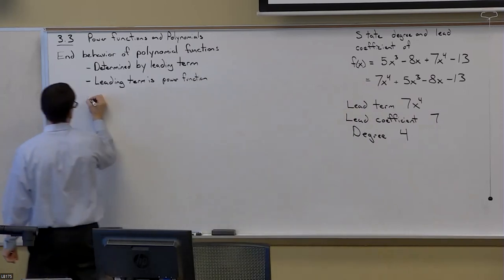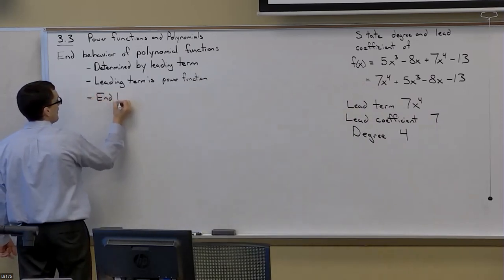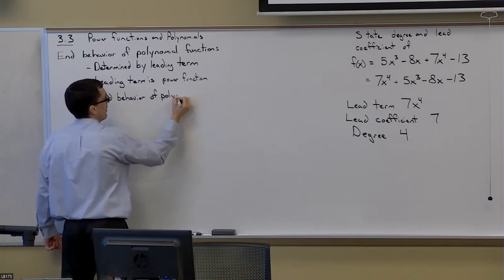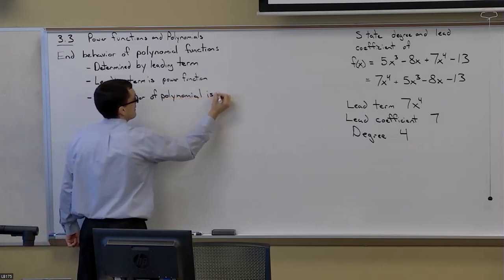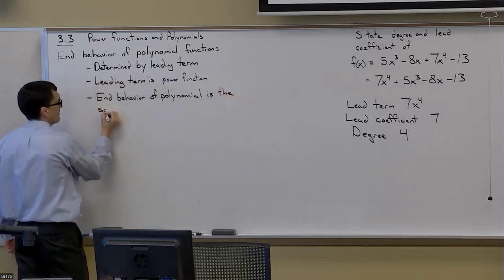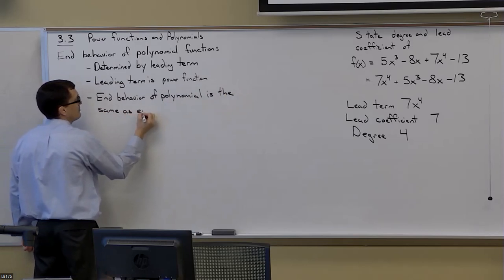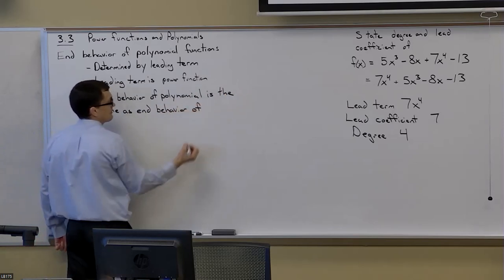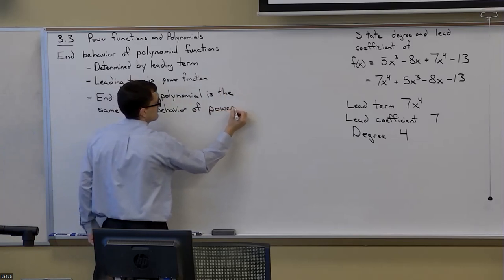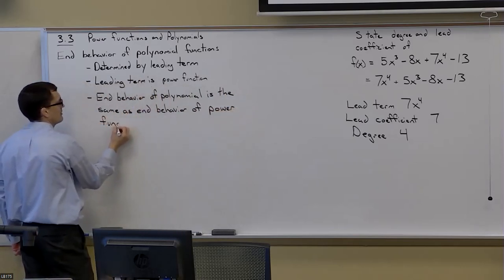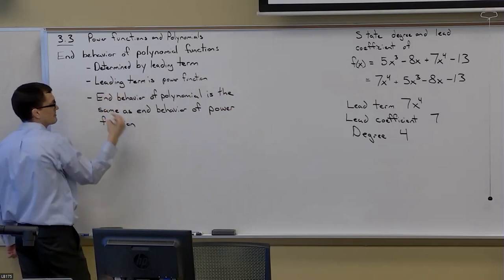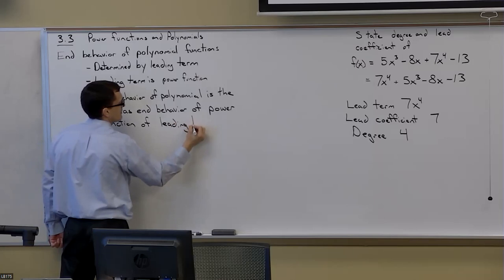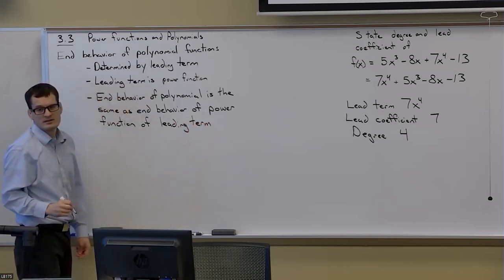So the end behavior of the polynomial is the same as the end behavior of the power function of the leading term. That makes sense?